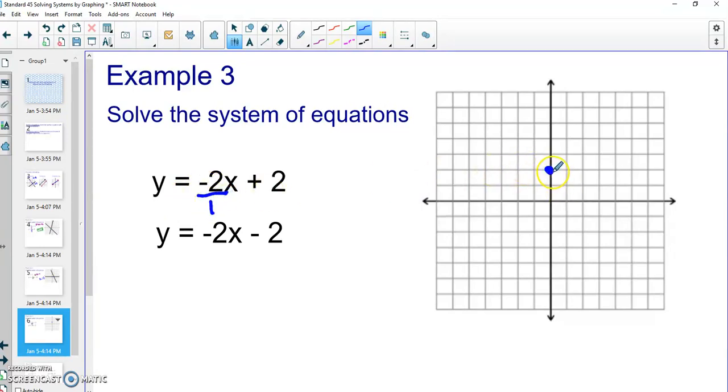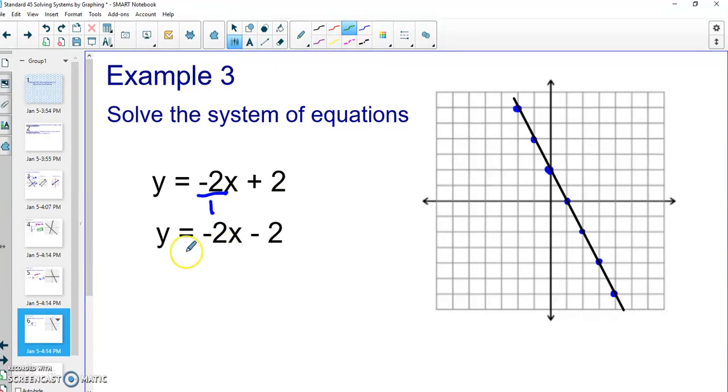So from this point, I'm going to go down 2, right 1. Down 2, right 1. I'm going to keep going all the way through my graph. Now I'm also going to go in the opposite direction. For the opposite direction, I move up 2, left 1, since I still want it to be negative. Then I'm going to draw my line all the way through my graph.